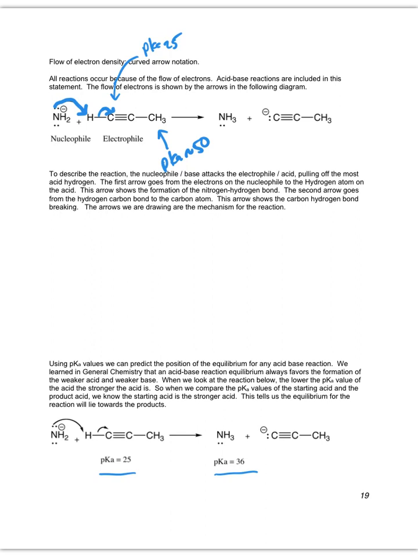We all know that the higher the pKa, the weaker the acid is. So this is the weaker acid, and the methylacetylide is the weaker base. The amide ion is the stronger base.